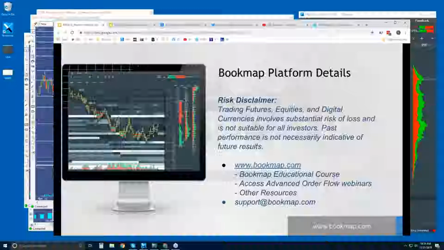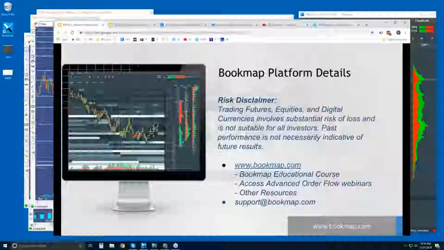Okay, so order flow, once you start to understand this process, you can integrate that into any sort of trading methodology. Order flow itself is not a trading methodology, it is just understanding what's going on in the market. You're going to look at so many different methods of trading that order flow can help.